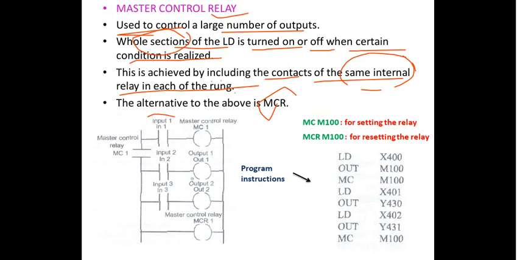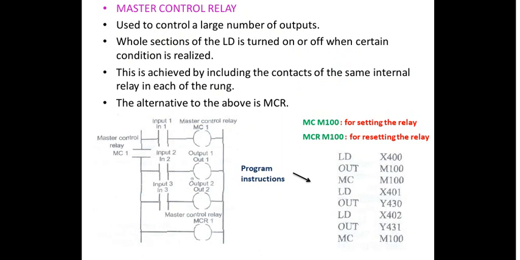you are having the master control relay contacts in the power rail only, and that is how it is differentiated with respect to the other kind of contacts whatever you have in your PLC operation. So now you can see here the contact MC1 has come here.